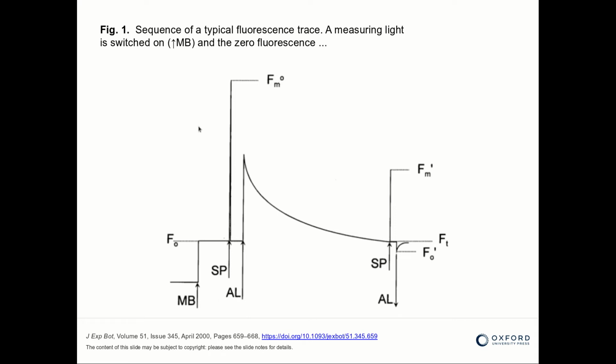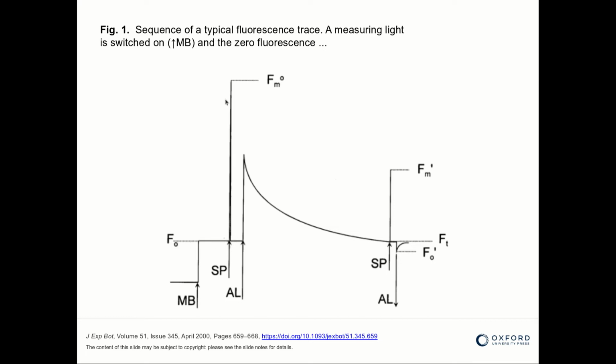Okay, and the reason we do this in a dark-adapted leaf, a leaf that's been in the dark, is to ensure that all of the photosystem 2 reaction centers were in the open, relaxed state to begin with, and there was no non-photochemical quenching going on at the time, because the leaf was completely relaxed.